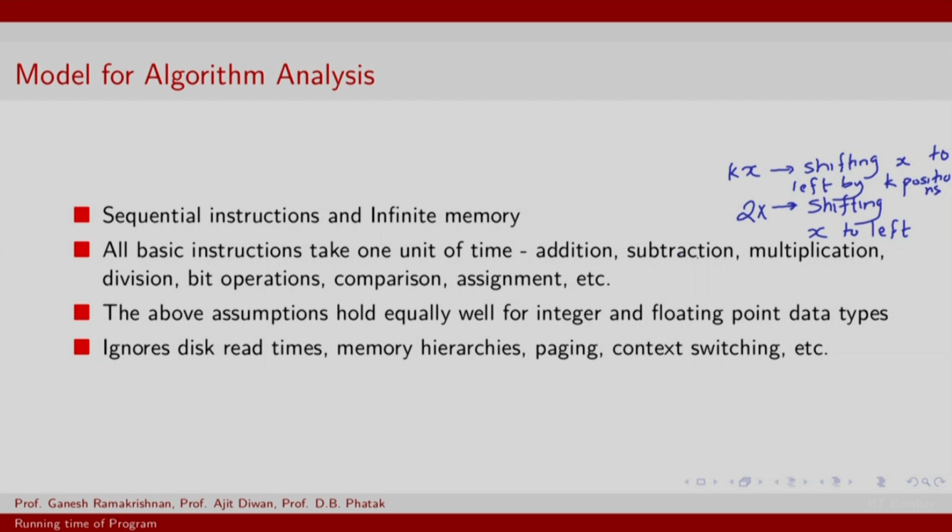So we will assume that these are all to be treated on the same scale, and we will make these assumptions for both integer and floating point data types. So in this process we are ignoring discrete times, memory hierarchies, paging, context switching, and so on.